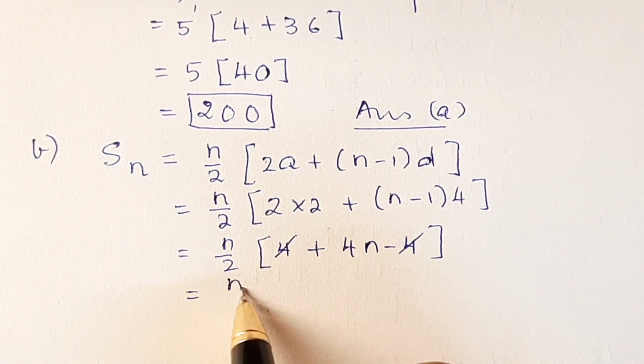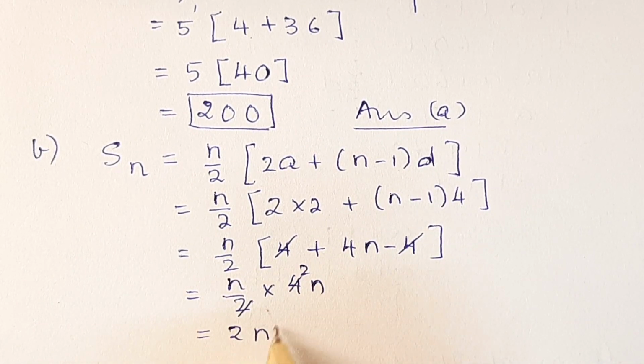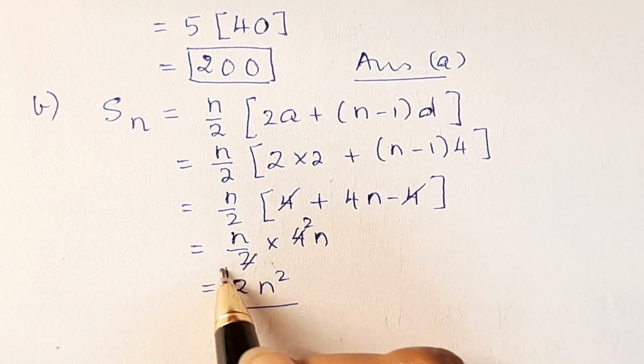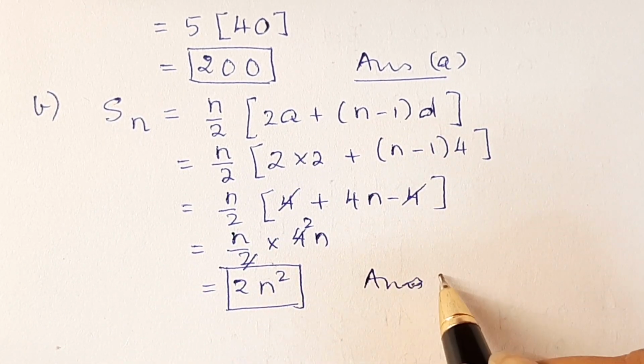That will give us n upon 2 multiplied by 4n, which is equal to 2n square, and that becomes our answer B.